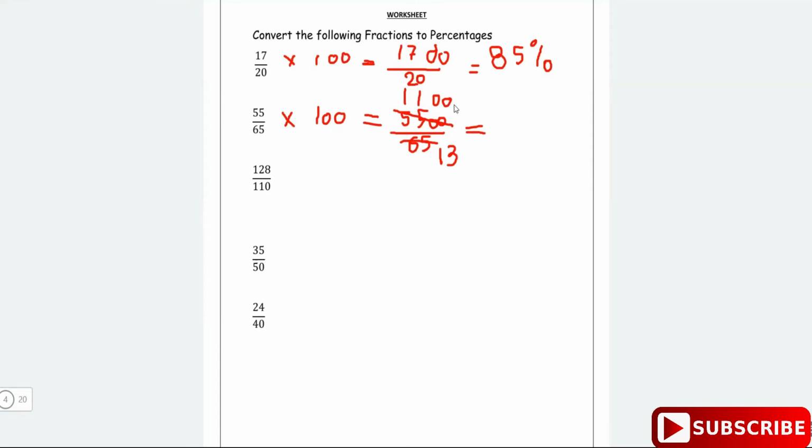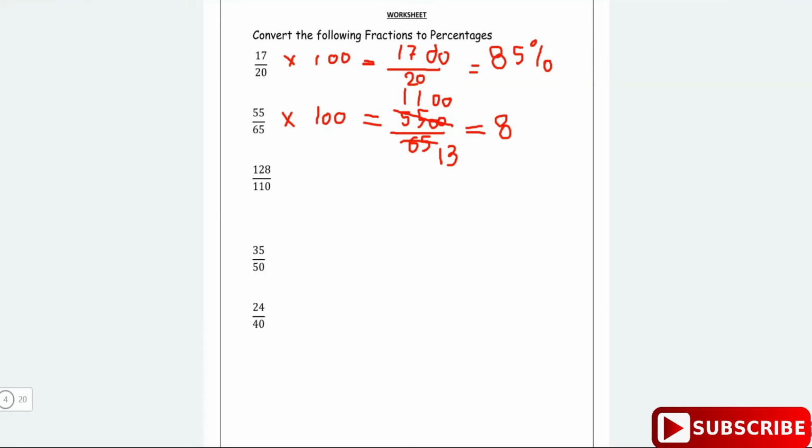Now 13 into 1100. Well, 13 into 110 goes 8 times, because we know that.